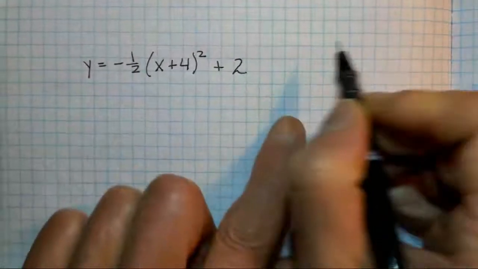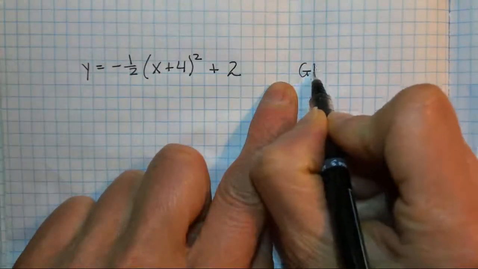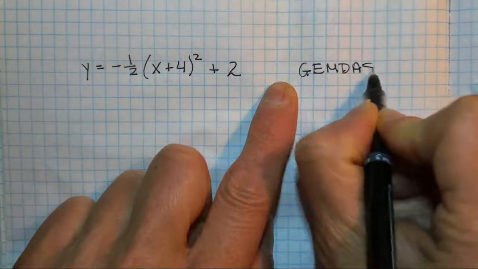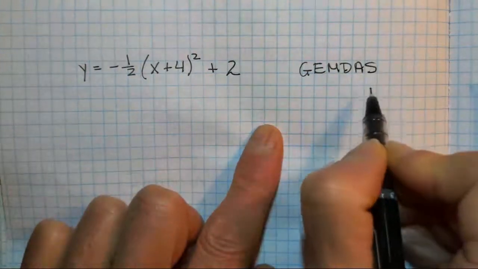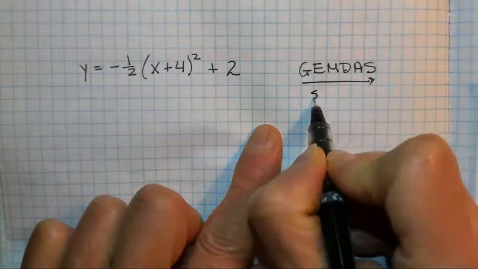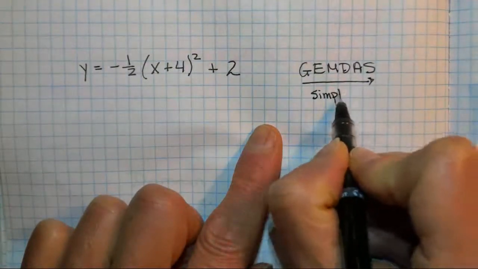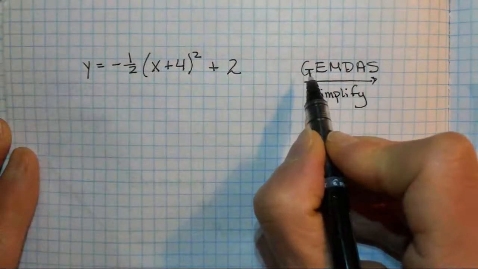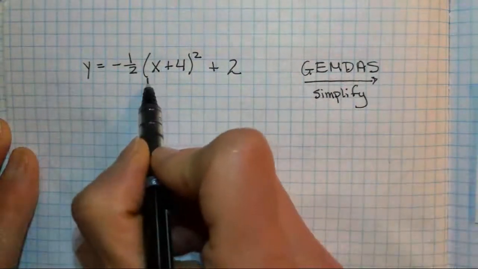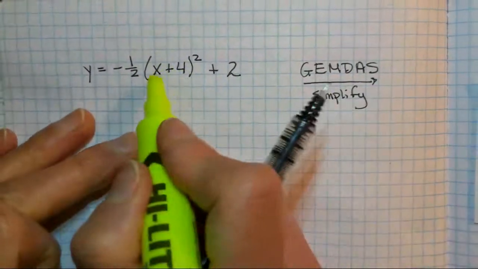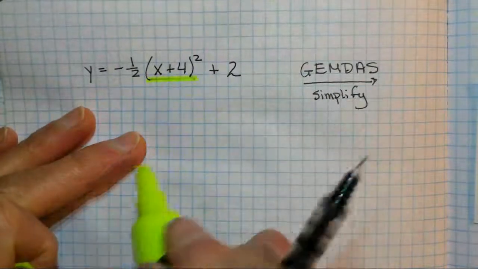So if we remember simplifying, we're doing order of operations. So I'm going to simplify going this way. So that means I have to do what's in my grouping first. Well, here's my grouping. Now I cannot add x plus 4.